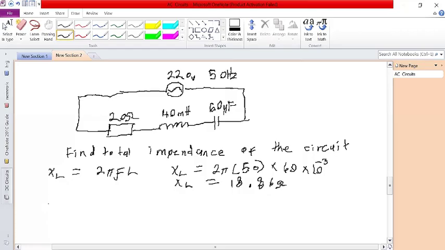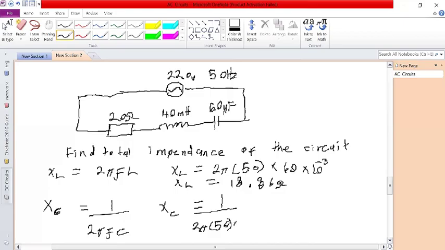After finding inductive reactance, we now need to find capacitive reactance. Capacitive reactance is given by XC equals 1 over 2 pi FC. So XC equals 1 over 2 pi multiplied by 50, then times 60, then micro means times 10 to the power minus 6.